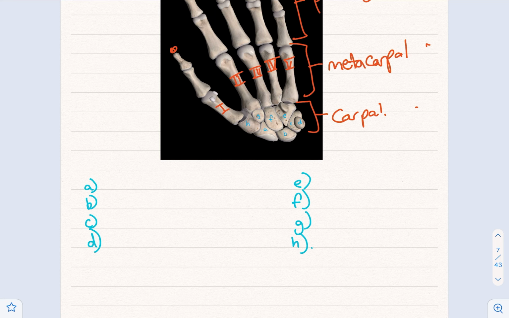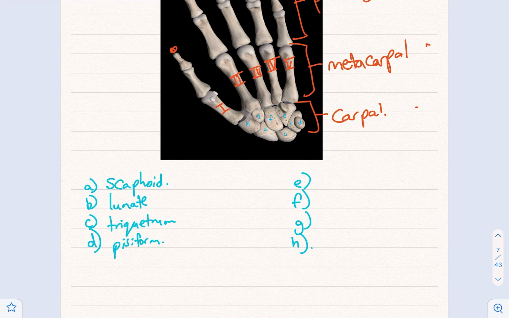So the first one, A, is called the scaphoid bone. The second one, B, which is here, is called the lunate. C is called triquetrum. D is called pisiform.